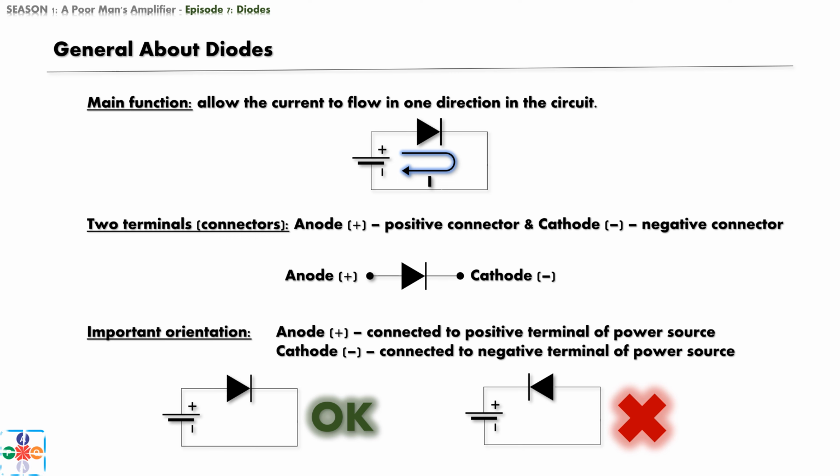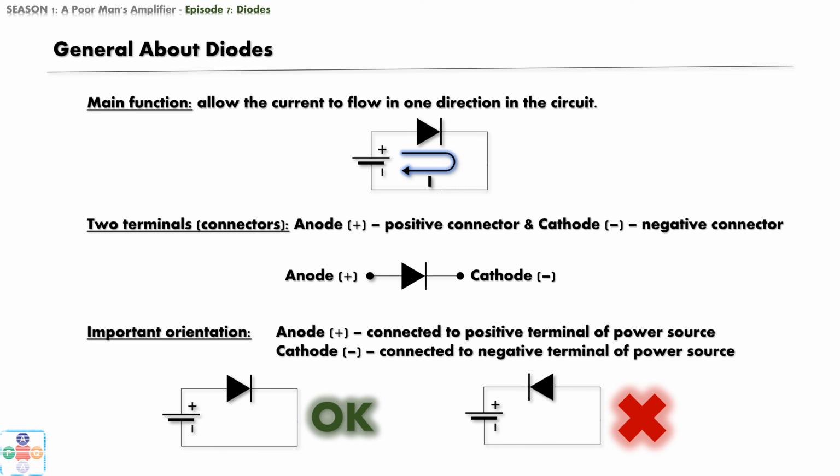The main role of a diode in an electric circuit is to allow flow of current in one direction and block the flow in the opposite direction. Diodes have two terminals, or simply said, two connectors. One is called anode, and the other one, cathode. Anode is connected to the positive terminal of the power source, and cathode is connected to the negative terminal of the power source.